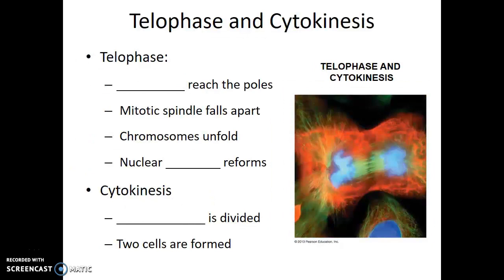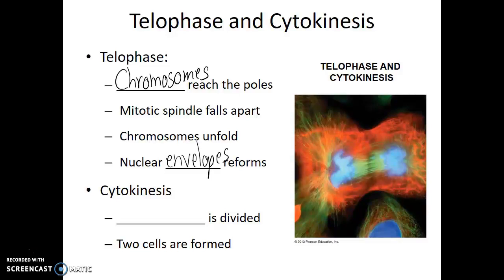The final stage of mitosis is known as telophase. During telophase, chromosomes reach the opposite poles. The mitotic spindle begins to fall apart. The chromosomes begin to decondense, and the nuclear envelopes reform around each group of chromosomes.